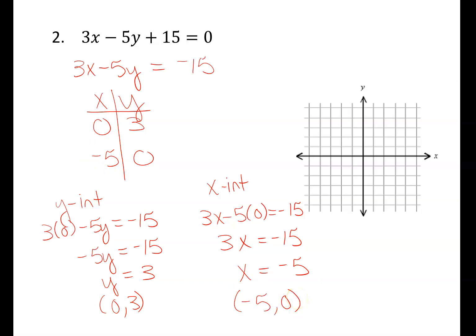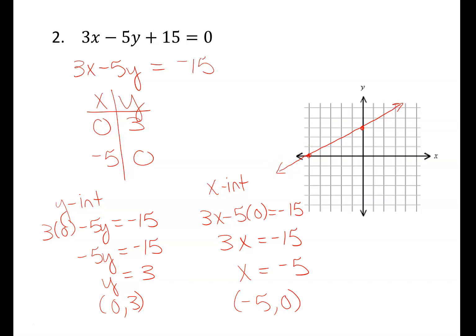Let's plot (0, 3), and then negative 5, 1, 2, 3, 4, 5, (-5, 0). And draw the line. It was not very good. Let me try that again. Don't forget your arrows.